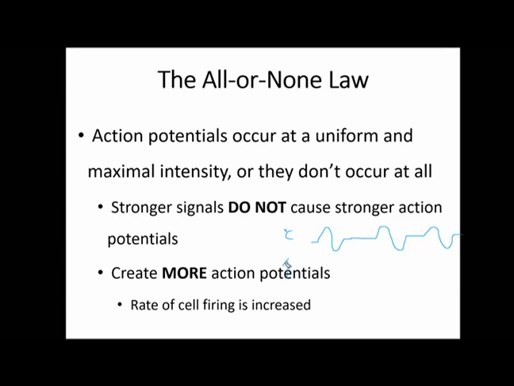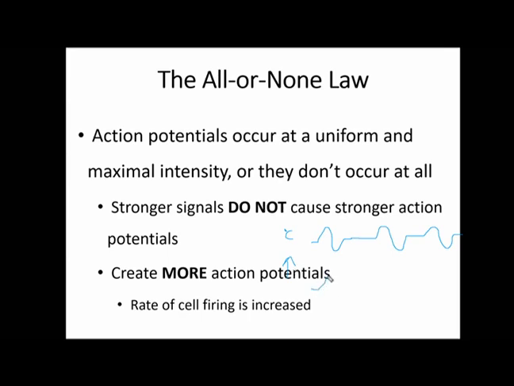But if that temperature climbs, if it gets really hot, maybe your computer is really warm, or maybe it's getting to be summer and the temperature is rising, that increase in temperature is a more intense signal.